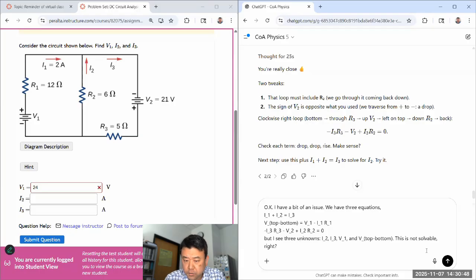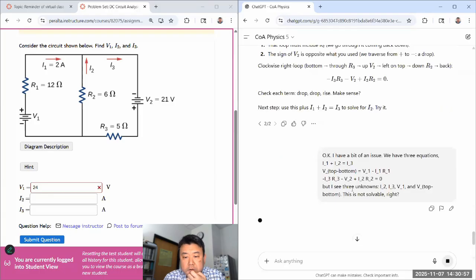So it might actually note that you could just ignore this equation and just use the top and this one. Between those two you have only 2 unknowns, I2 and I3. So you could solve it that way.